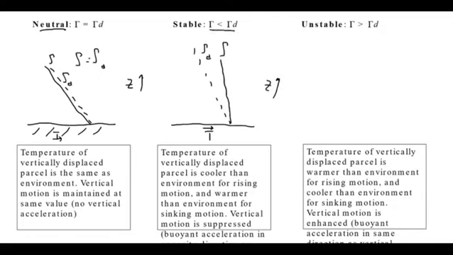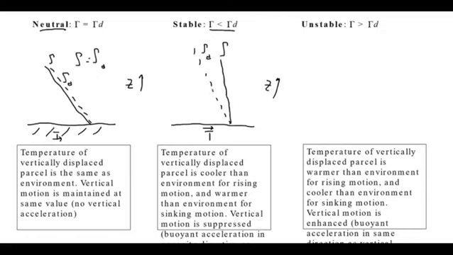Now what you'll see is that as the parcel rises, it cools adiabatically, but it is cooler than its environment and would sink back down. This is where you have negative acceleration, or buoyant deceleration, in the opposite direction of the vertical motion. So this will eventually have the parcel sink back down if the acceleration in the opposite direction persists in time long enough.